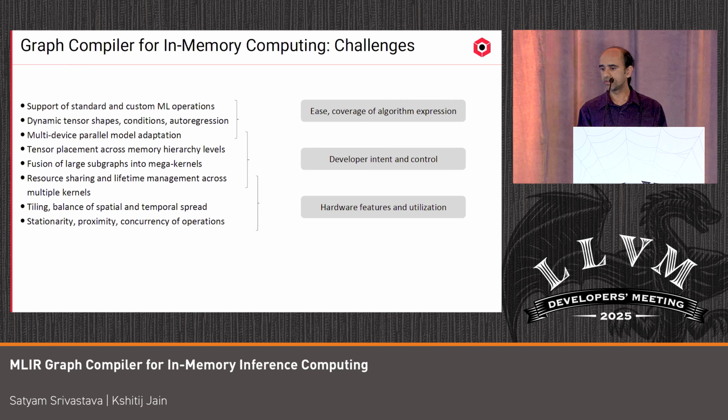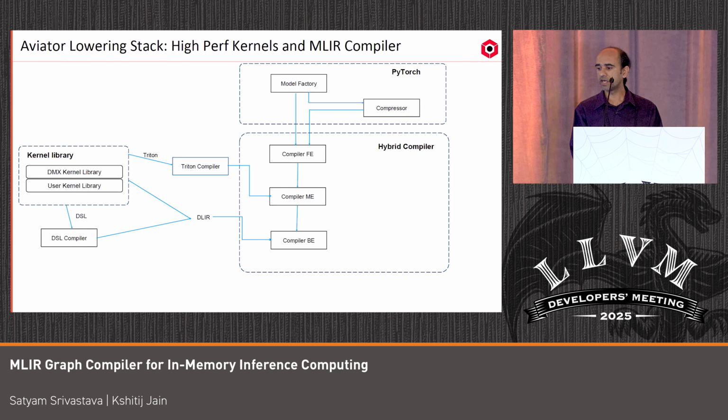So our approach to solving some of these challenges, as well as more, is to take a hybrid route. By hybrid, it means we have a compiler stack, which we'll talk about, that is based on MLIR, and that is complemented by a rich library of high performance as well as user-optimized kernels.